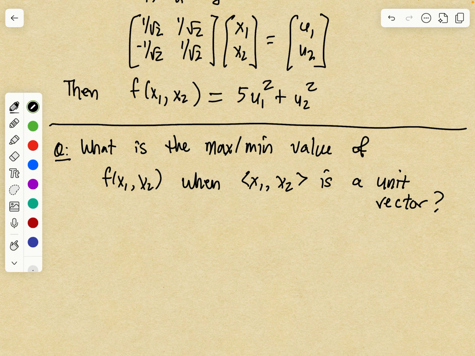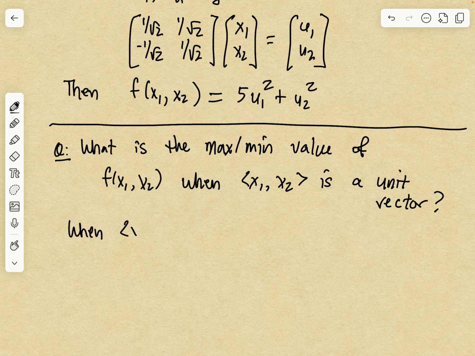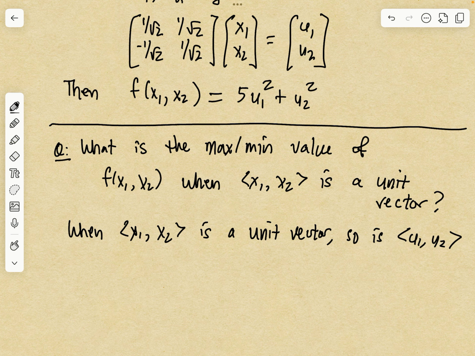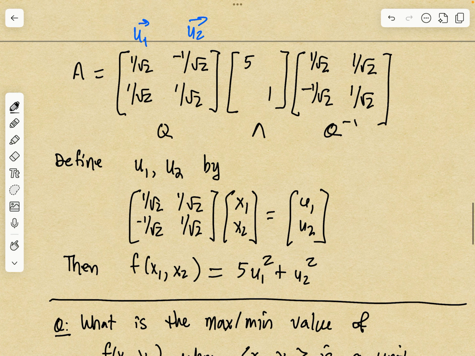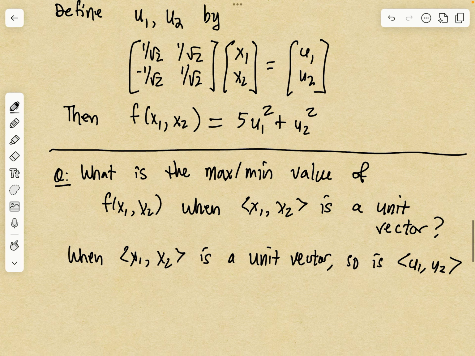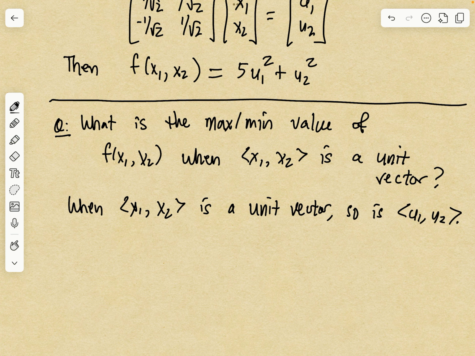Well, we can actually use this expression for the quadratic form, because notice that when x1, x2 is a unit vector, so is the vector u1, u2. Okay, that's a general fact that if you take an orthogonal matrix, Q inverse is an orthogonal matrix. If your input vector x1, x2 has unit length, so does u1, u2. So u1, u2 is also a unit vector.